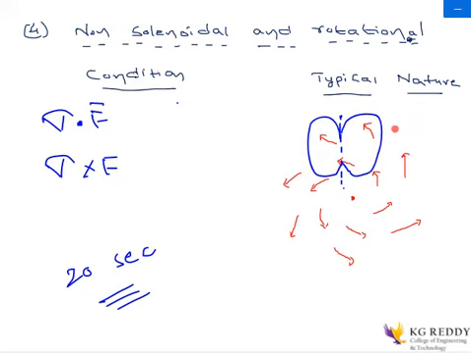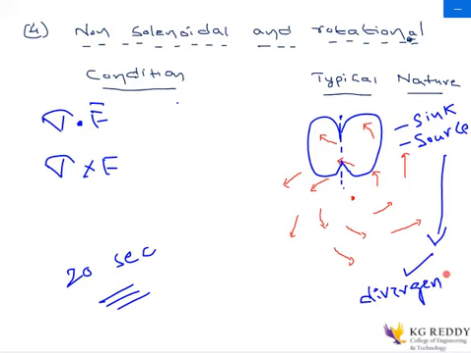This will result in either a sink or a source. When this results, you can simply say there is a divergence. So divergence exists, and this is not equal to 0.